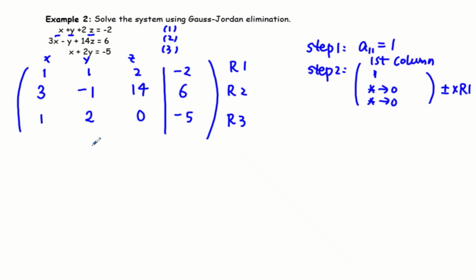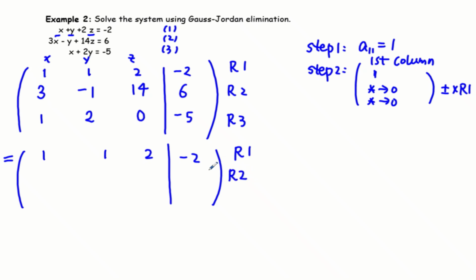Okay, R1 stays the same. So row 1 stays the same: 1, 1, 2, -2. Then R2, 3 minus 1 times 3 will give you 0. So 3 minus 3 times R1 gives us 0.